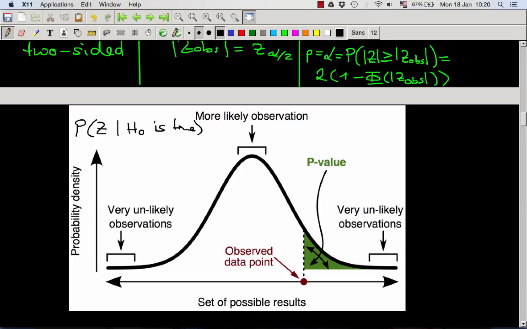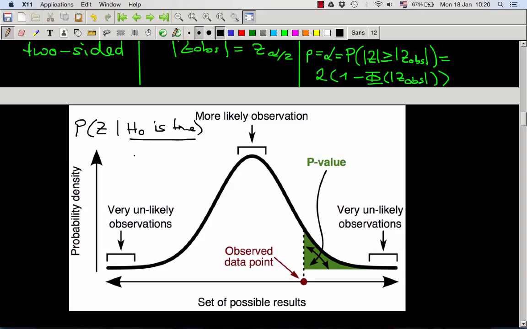And from the definition of the p-value, it holds that p, the value here, is the probability of observing a test statistic that is at least as extreme as the one that we have observed. That is exactly the p-value. So we cannot say anything about the probability that H0 is true. P doesn't tell us anything about the probability that H0 is true.